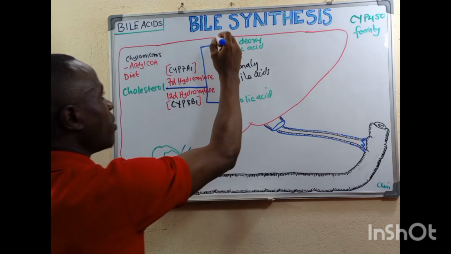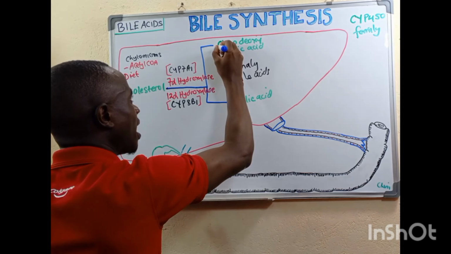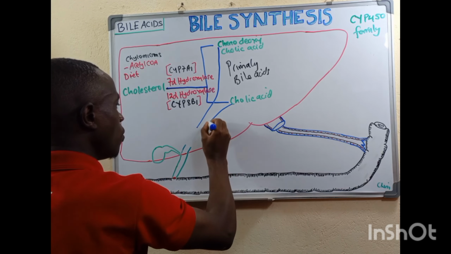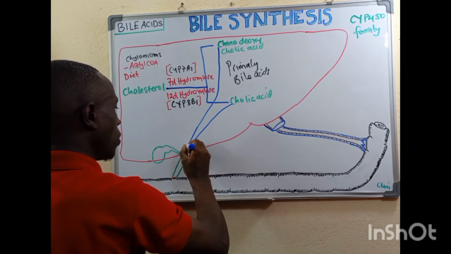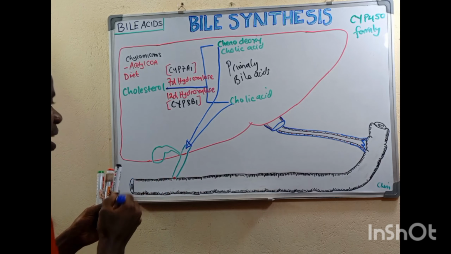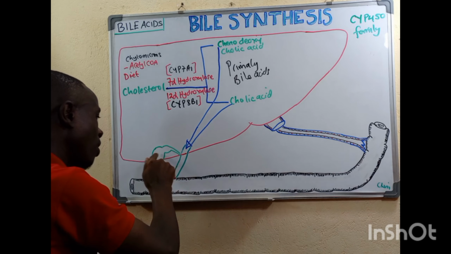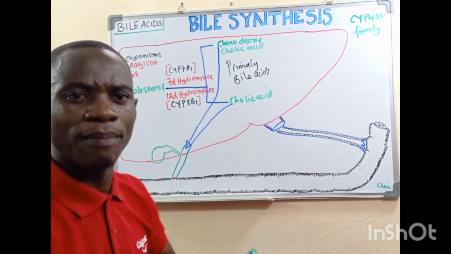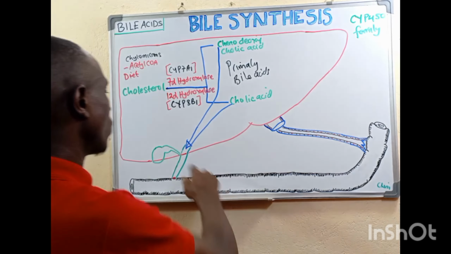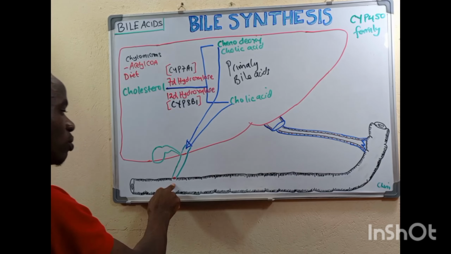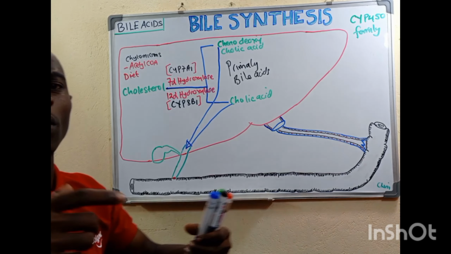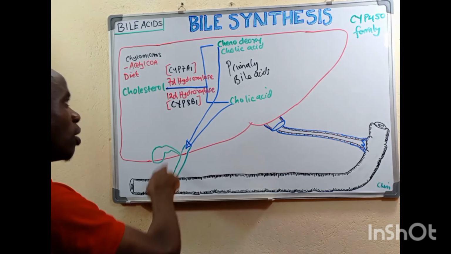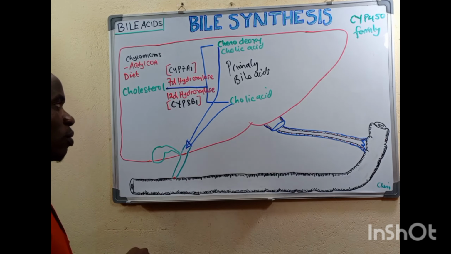They get stored in the gallbladder until we have a meal that is rich in fats, that's when they can come out and enter the intestines. And then we're also going to see what happens whenever these bile salts or bile acids run into the intestines.